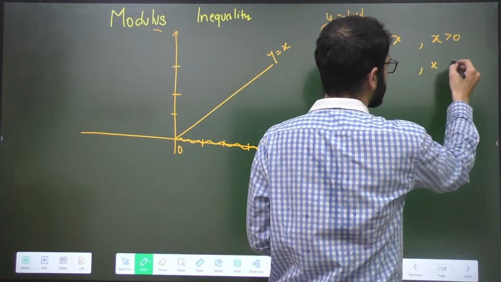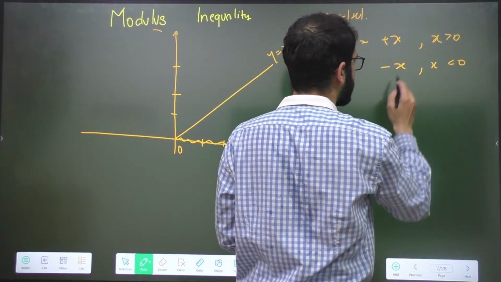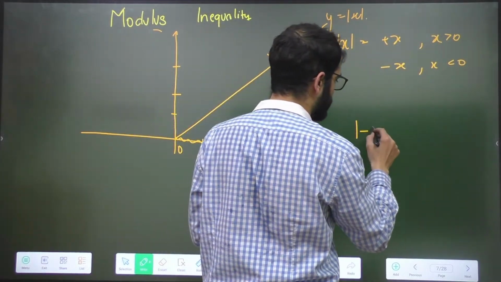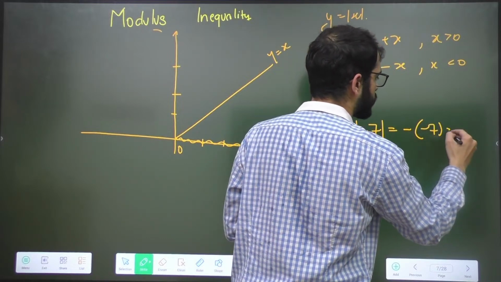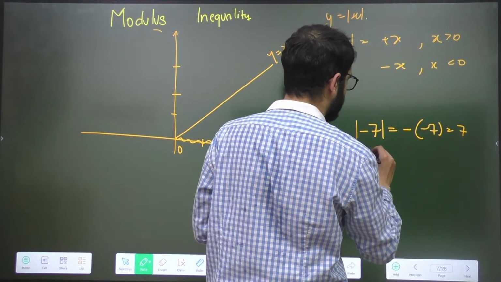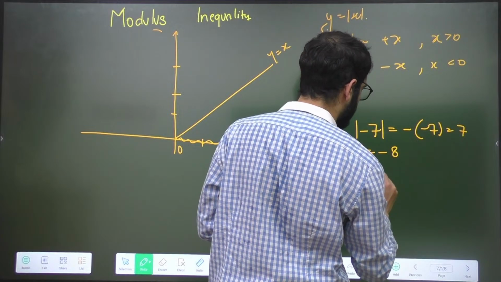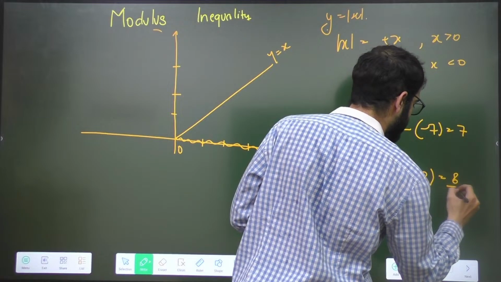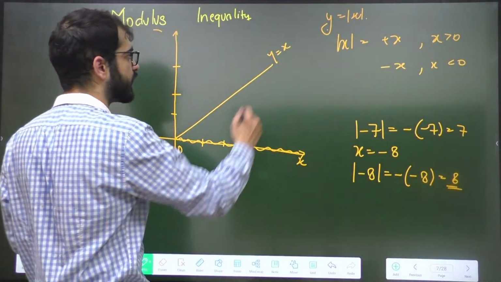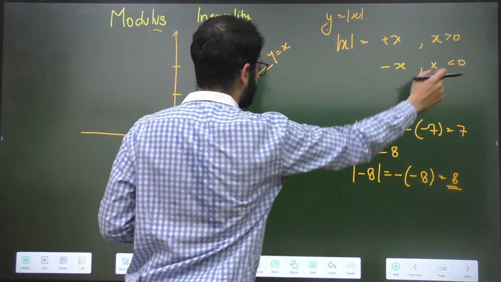But what happens if x is less than 0? Then I should get negative x. That is to say, if I input minus 7, then I should get minus of minus 7. So the output will be plus 7. If my x is equal to minus 8, then mod of minus 8 will be minus of minus 8. That is going to be plus 8. That is the reason why we say that y is equal to minus x when x is less than 0.